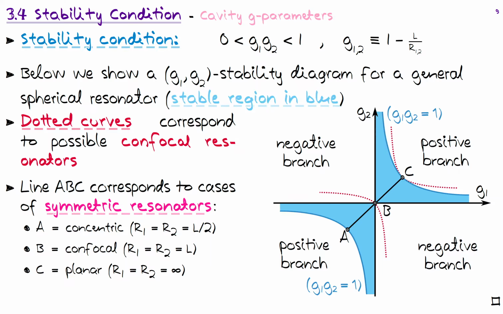We can understand how some configurations are stable, and we can even understand that some cavity configurations are more stable than others. So for example, we can now understand these marginally stable cavity configurations, where we are really close to the edge of the stability region.